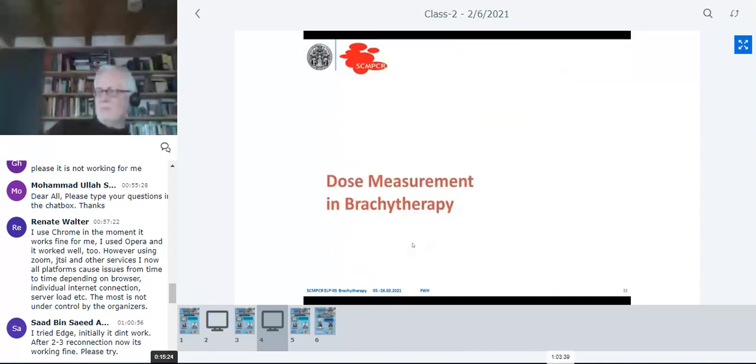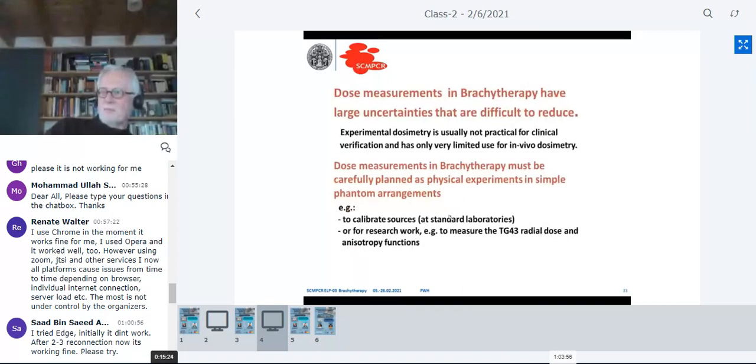Okay, now I had planned to say a few words about dose measurements. I'm over time already, but I still would like to show you just 2 or 3 points, and the rest I think you can look up on the slides yourself. The main thing is already summarized in the remarks on this slide.